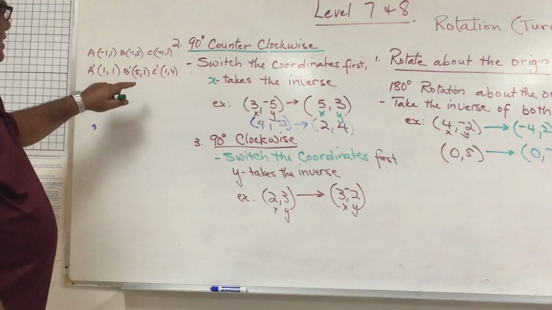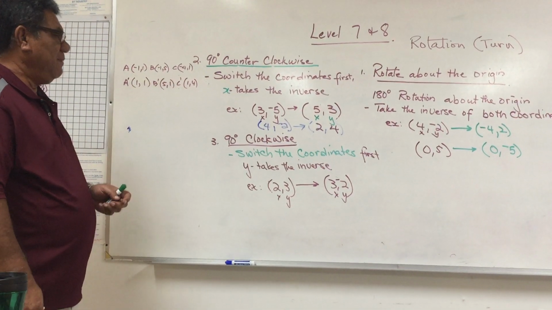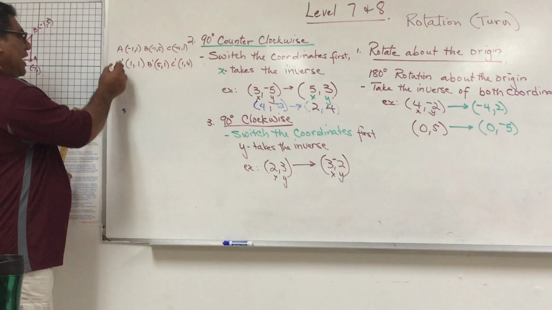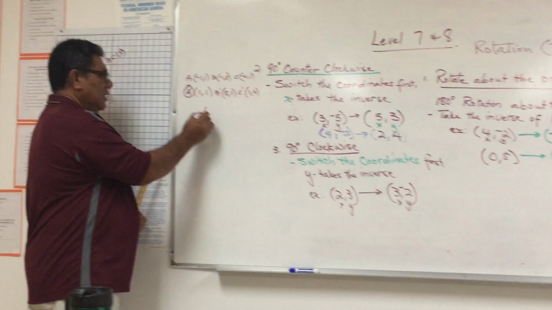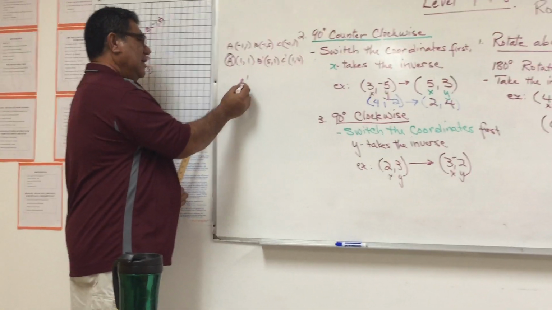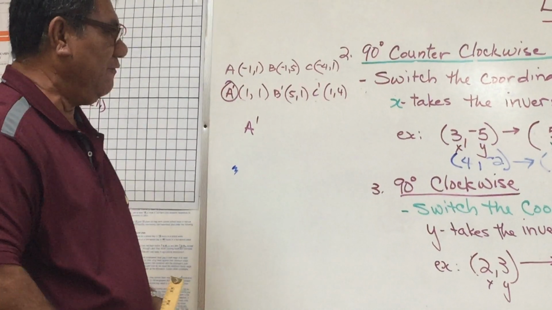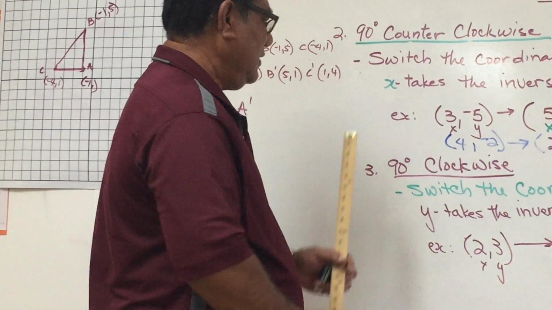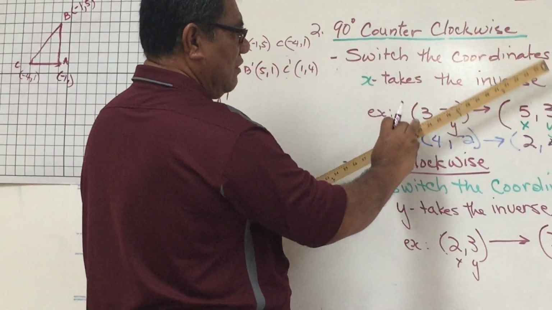Now we can really trace the pre-image and the image. Remember the image has the prime symbol, so A sub 1 is called A prime. For a 90 degrees clockwise rotation, it goes to the right.